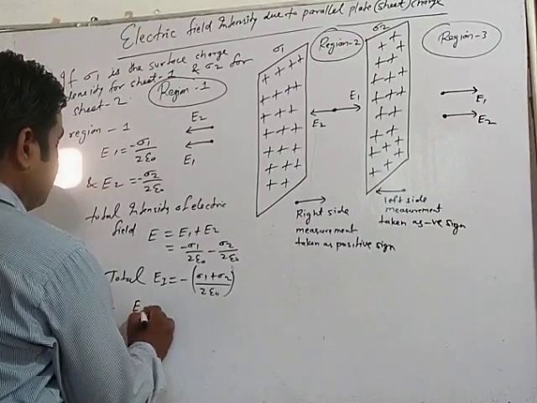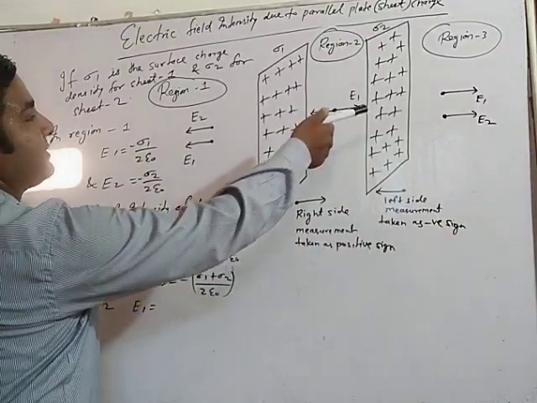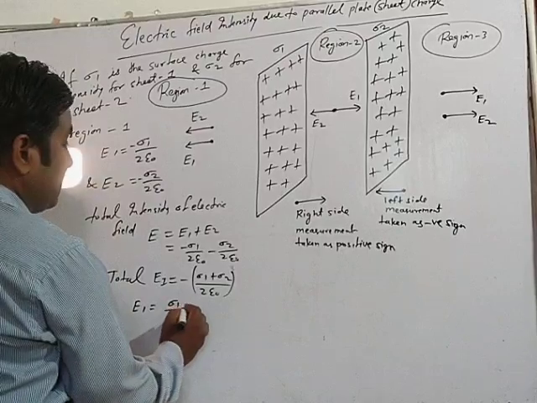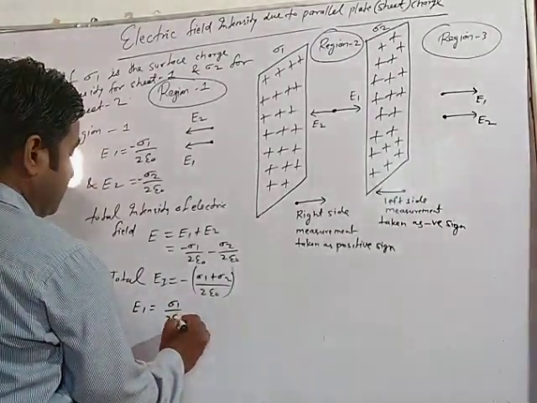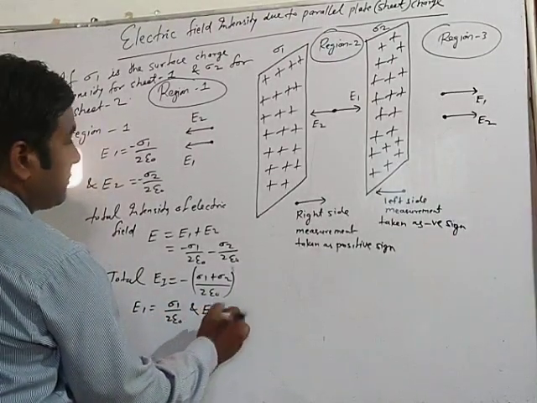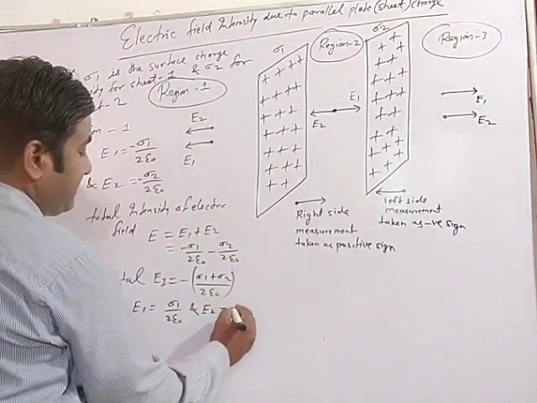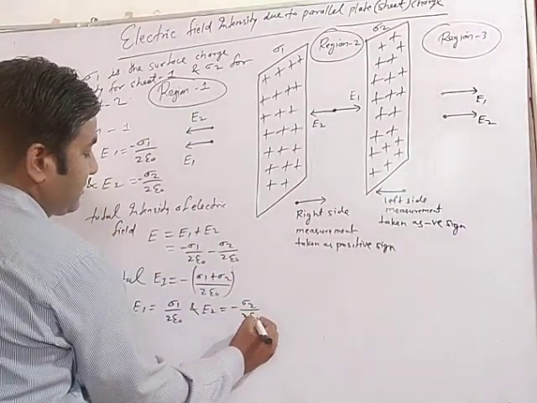Same as in region 2, E1 is equal to what? E1 is towards the right side, which means positive value, sigma 1 upon 2 epsilon naught, and E2 is towards the left, which means negative, minus sigma 2 upon 2 epsilon naught.